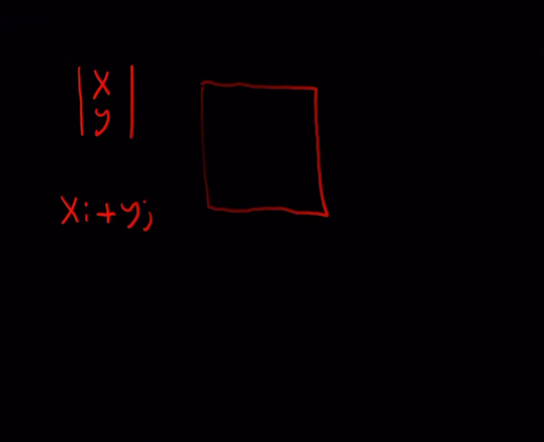Well, let's go to (1, 0), and we see that it's going to be a straight line in this way. (1, 1) is going to be like this. So the points are all diverging away from the origin.